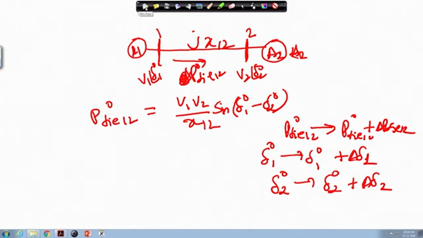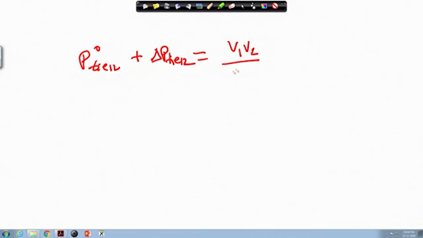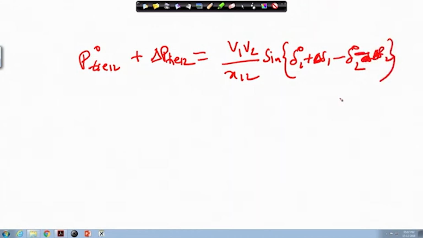So, what you can write now is that P tie 1 2 0 plus delta P tie 1 2 is equal to V 1 V 2 by x 1 2 sin of your delta 1 0 changed to delta 1 0 plus delta delta 1 and delta 2 0 changed to delta 2 0 plus delta delta 2. So, it will be minus delta delta 2, right.